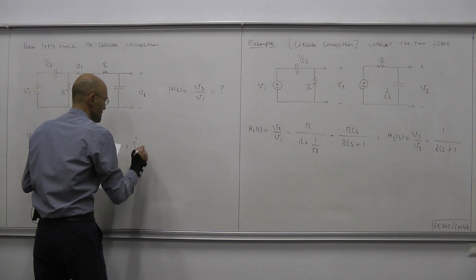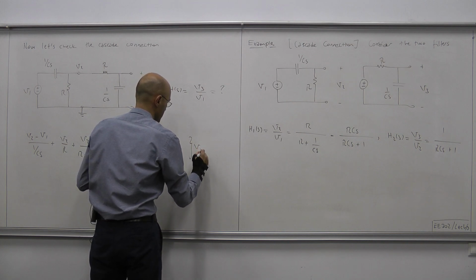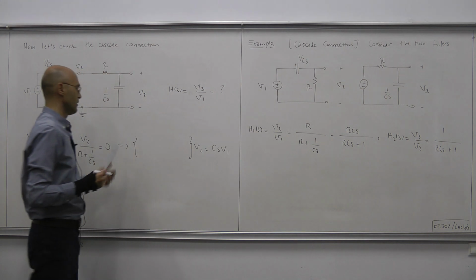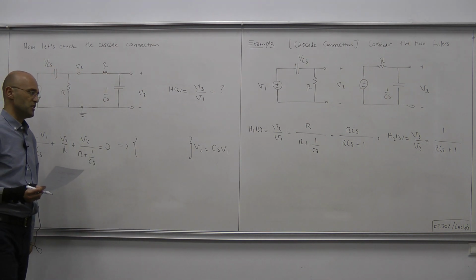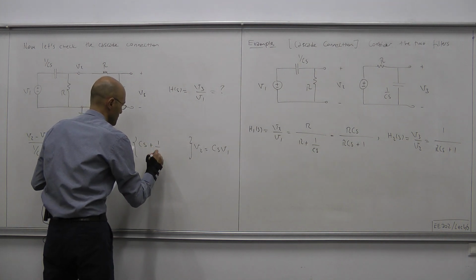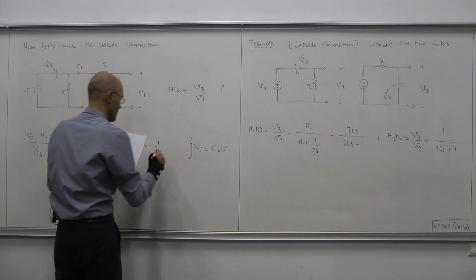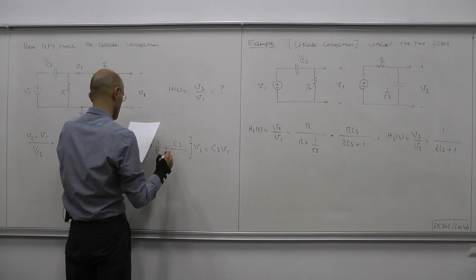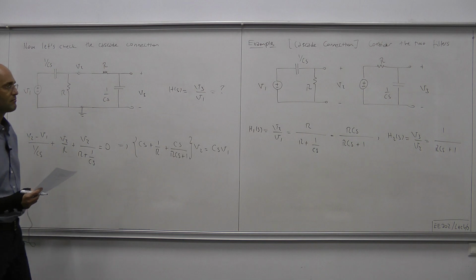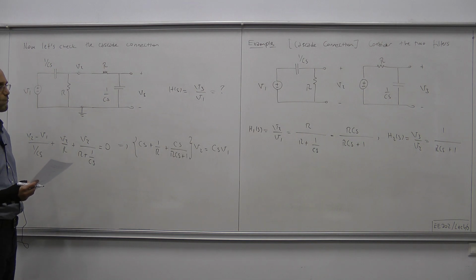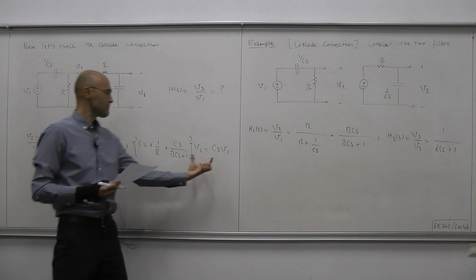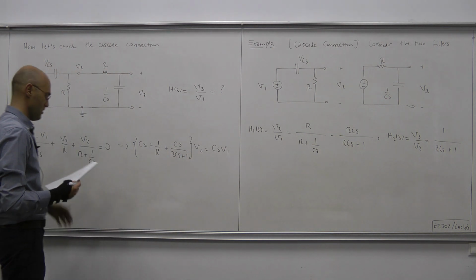This can be rewritten as something times V2 equals something times V1, and that something is CS, whereas this guy is CS plus 1 over R plus CS over RCS plus 1. Okay, and then from this we can obtain V2 over V1.